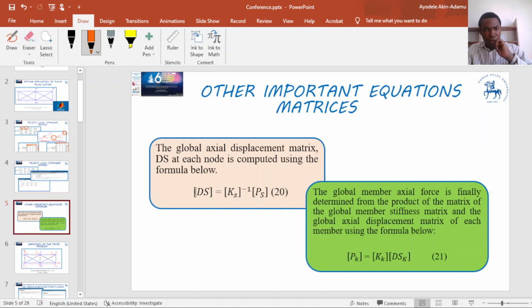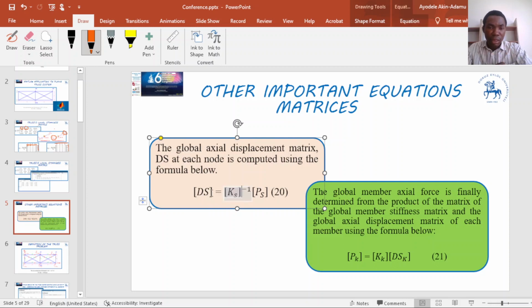Important formulas you need to note about the finite element procedure for the 2D truss problem. For us to compute the displacement quantity for truss elements, we can use this formula. ds denotes the global displacement vector, the displacement matrix.